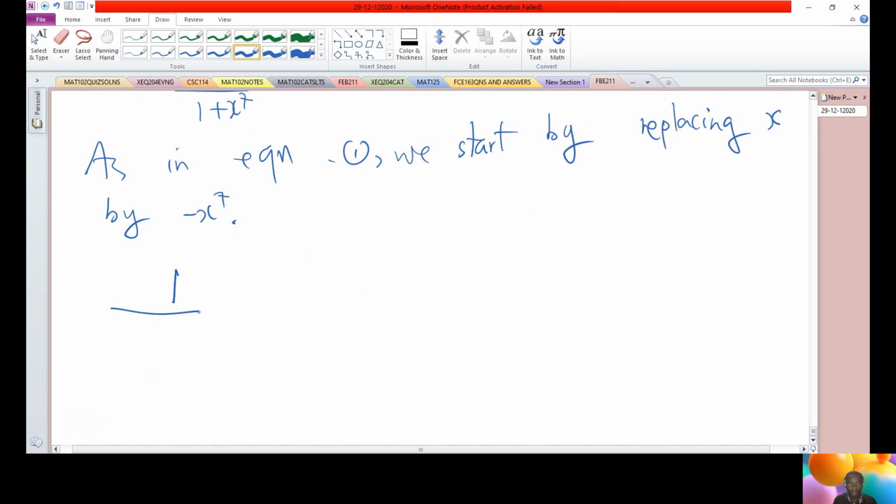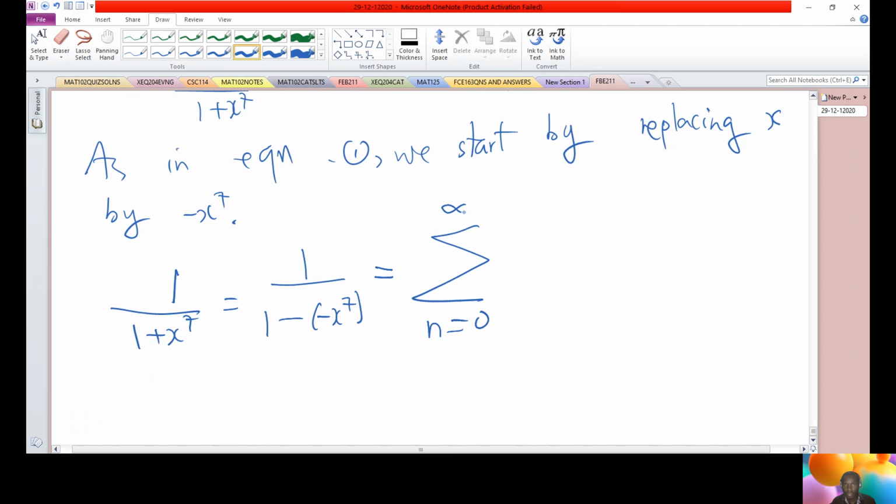So we have 1 over 1 plus x power 7 is the same as 1 over 1 minus minus x power 7, which is the summation n from 0 to infinity of minus x power 7, to the power n.